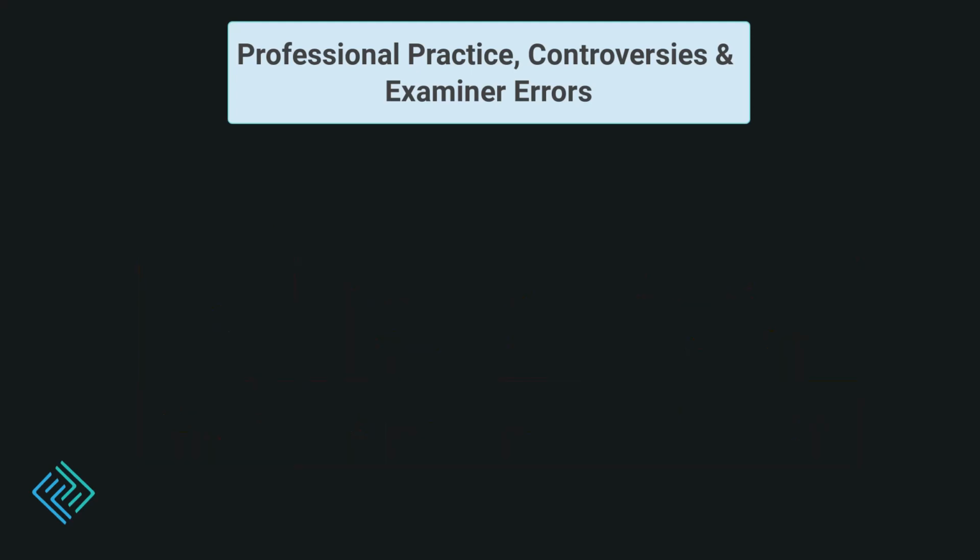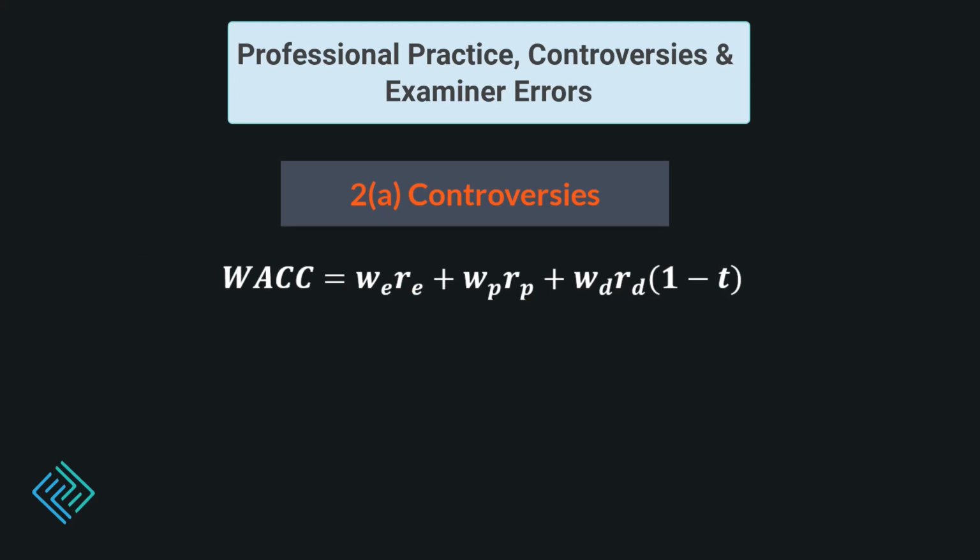But there is a detail in the calculation of WACC that sometimes causes minor controversy. What I'm getting at here is that WACC is a combination of equity and debt rates. As we have just seen, the equity rate has an assumed periodicity of 1, but the debt rate, especially when there are corporate bonds involved, might be on a bond equivalent yield basis and therefore have a periodicity of 2.